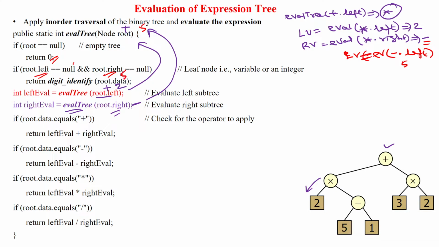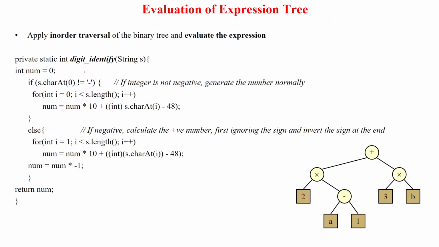Then 5 is passing to the digit underscore identify. Here we are passing the value 5 because it is passing as a character, which is passing as a string or character. For that we have to get the numerical value. For that we are reading that location character at the string, so that is the 5. So 5 not equal to minus, yes, it is true.